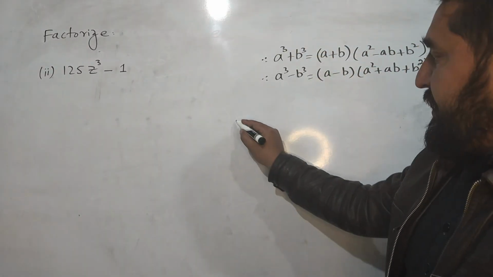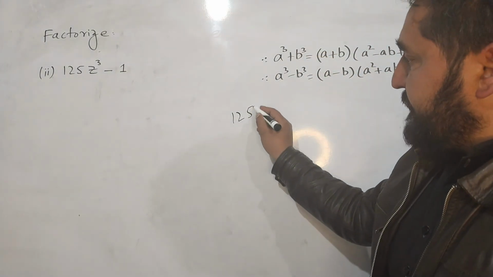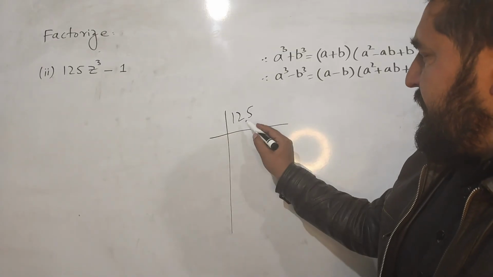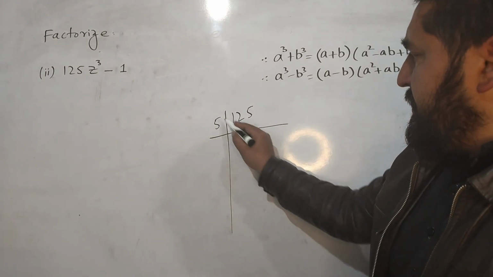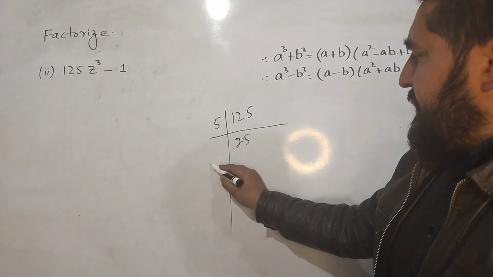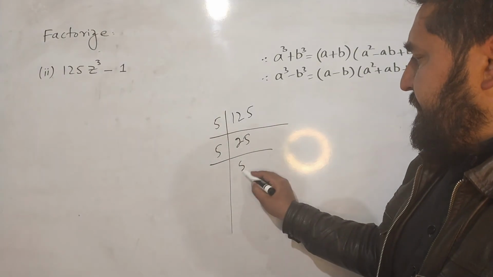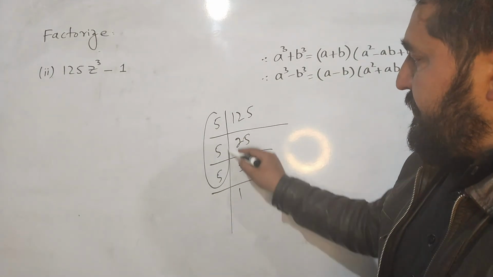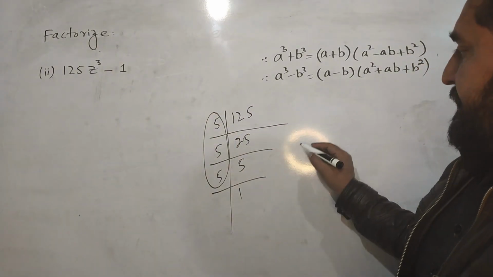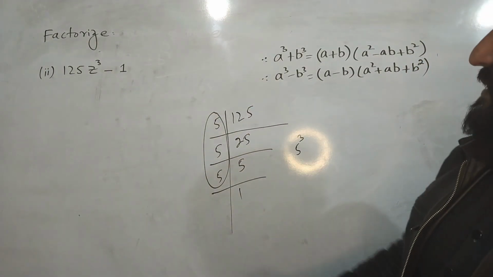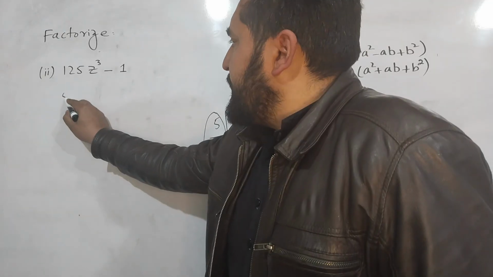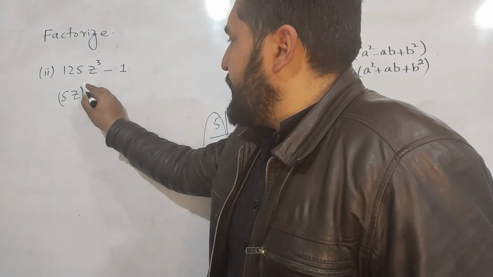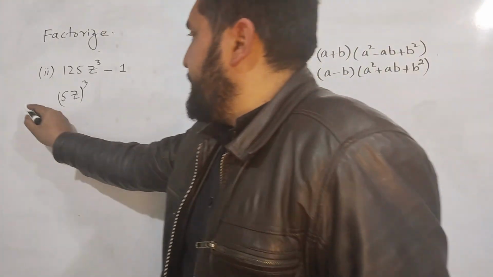Let's suppose 125 is there. The prime factorization of 125 is 5, 25, 5 fives, 5 ones. So we write this 125 as 5 cube. So here 5z whole cube, we can write this as this one.